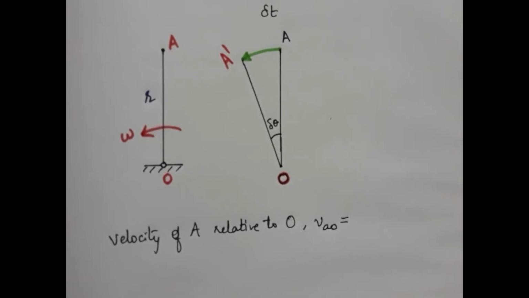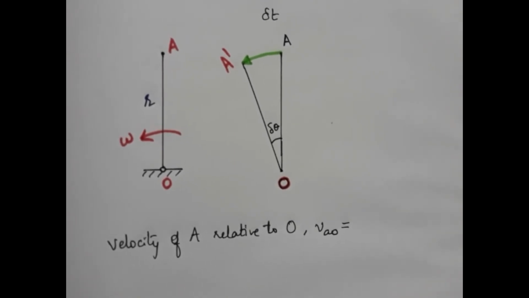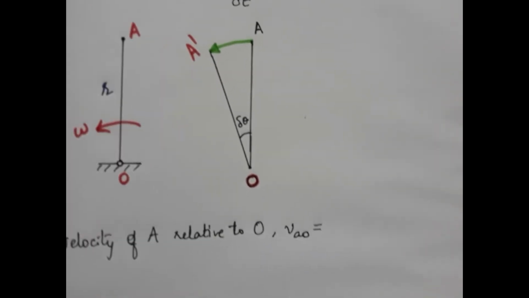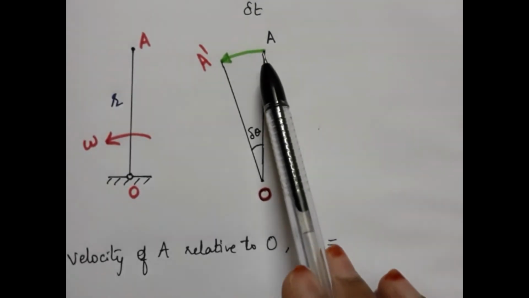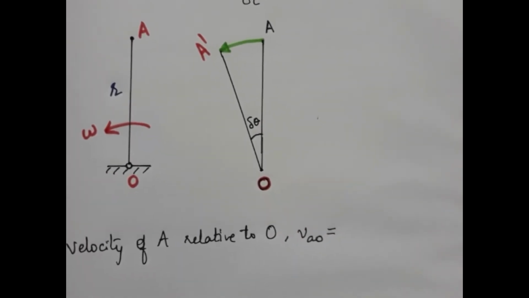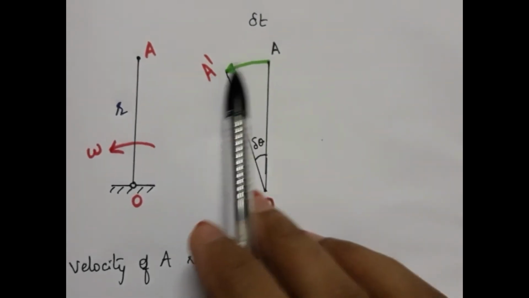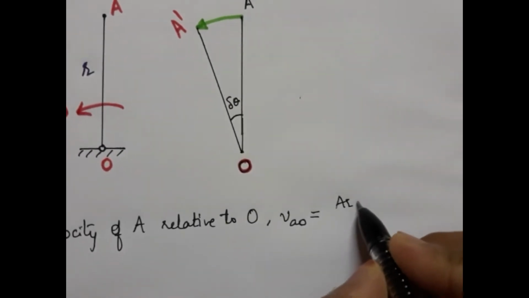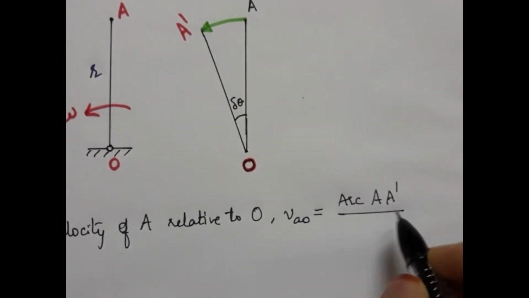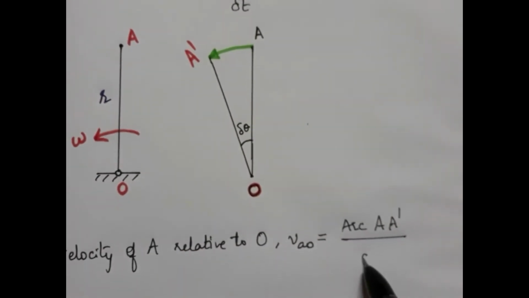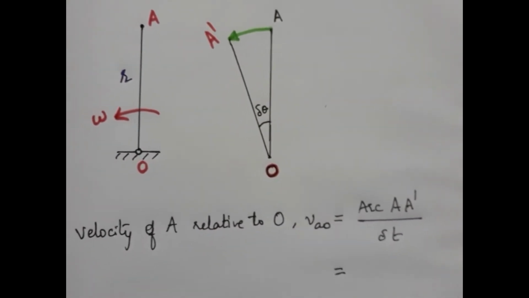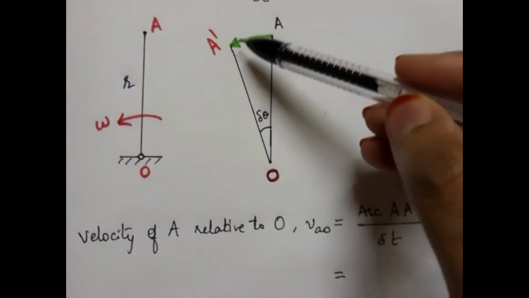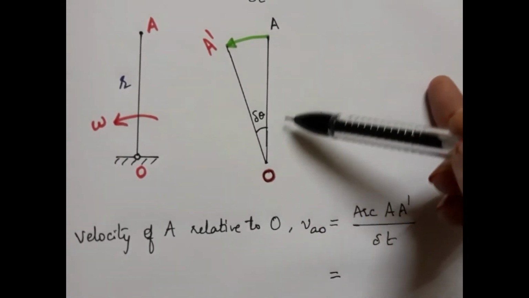Then velocity of point A relative to O, if we denote it as VAO, this will be equal to the distance traveled by point A divided by the time t. The distance traveled by point A is the length of arc AA dash, and time is delta t. So we know that since this OA is r, this arc length will be r into delta theta.